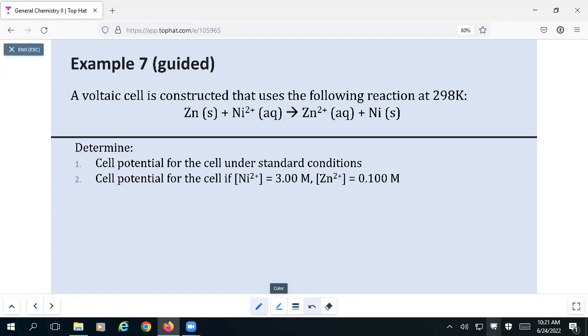Well, we've got to find the correct equations. So we know that one equation is zinc ion turning into zinc. And we know that the reduction potential for that, because we've seen it several times, is, I'm going to look it up anyway, negative 0.761.